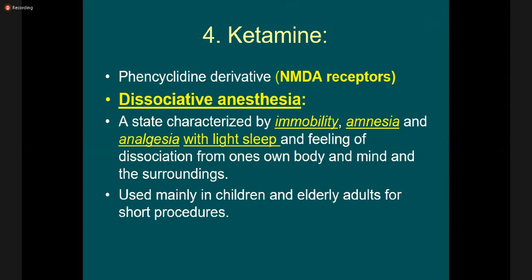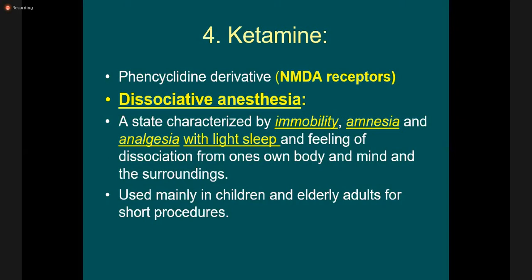Phencyclidine-type compounds are also used in the behavioral problems of patients. It's a phencyclidine derivative, and it works on a different receptor known as the NMDA receptor. So ketamine acts on the NMDA receptor.